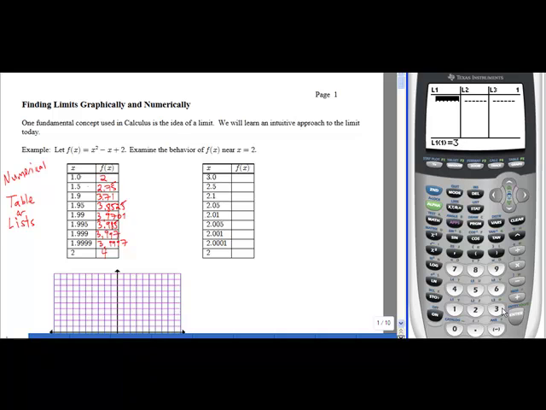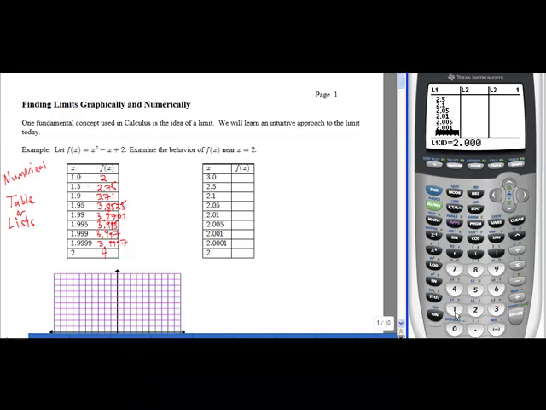So I want 3, hit enter, 2.5, 2.1, 2.05, 2.01, 2.005, 2.001, 2.0001.